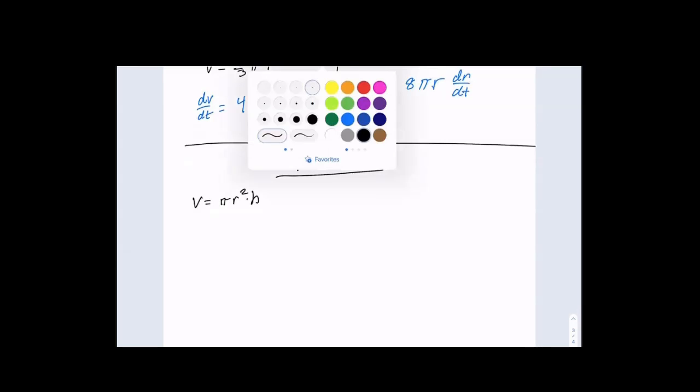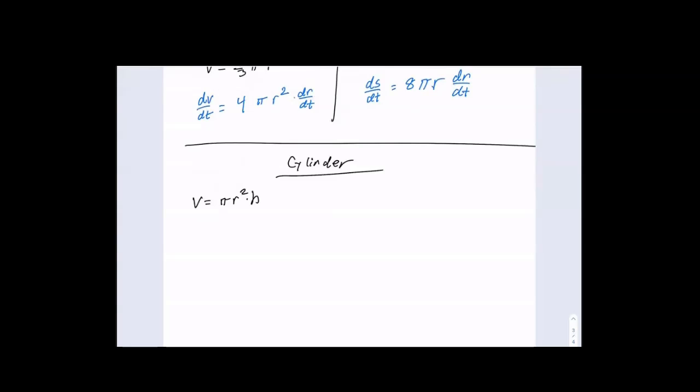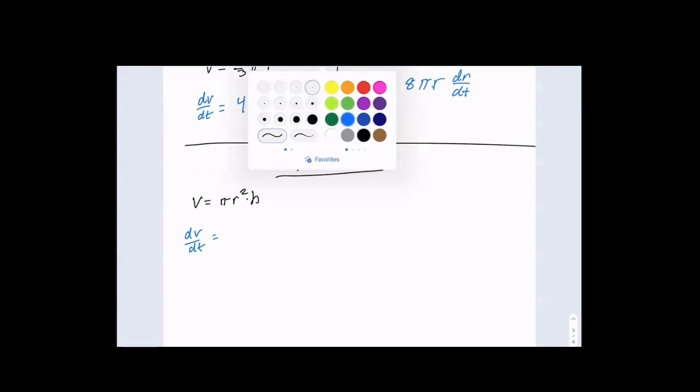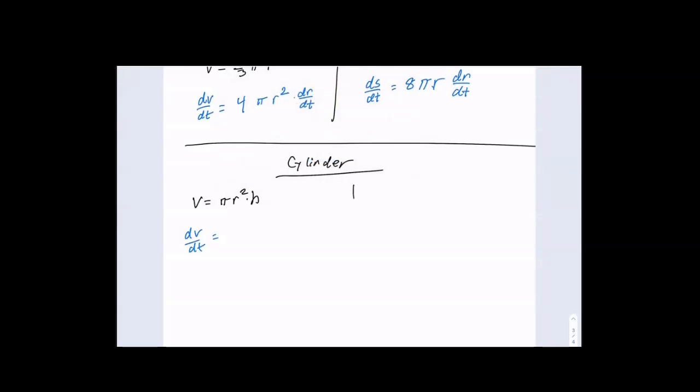So we'll get a little bit more difficult now. What is dV/dt? Before you tell me what the answers are, what are we going to have to use?